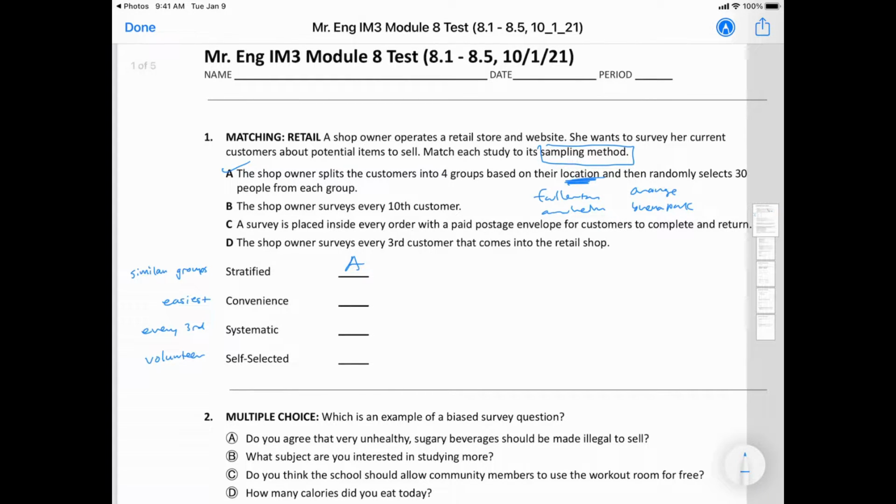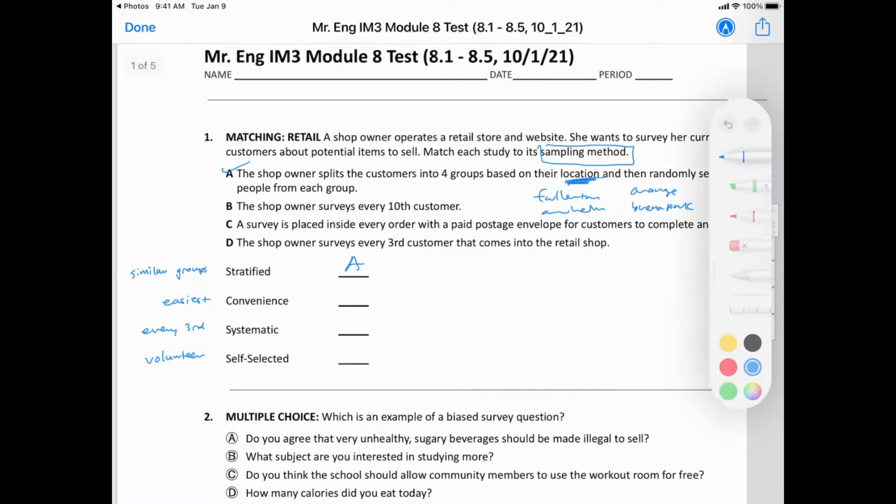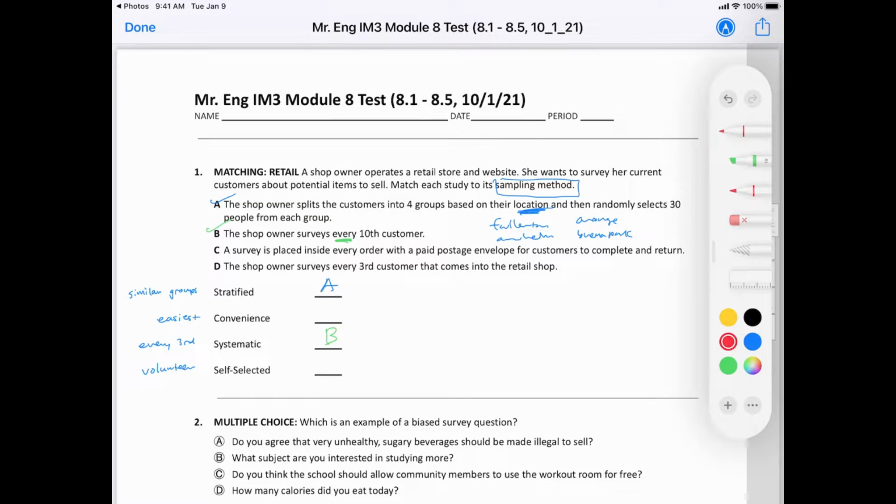B, the shop owner surveys every 10th customer. I see the word every, and that would be systematic. So that would be B. And C, a survey is placed inside every order with a paid postage for customers to complete and return. Question, when you pick up your food and someone puts those surveys on the receipts, who does those?